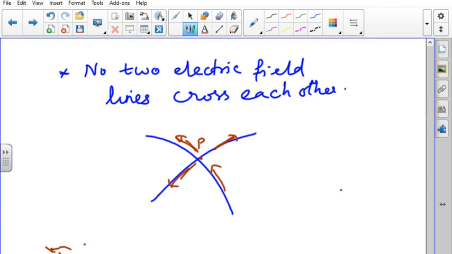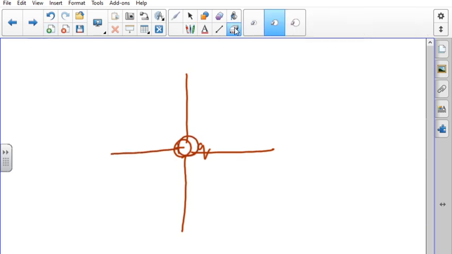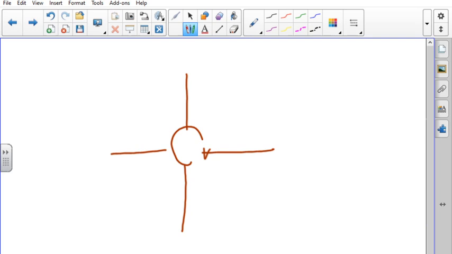Now let us move on to the next property. To make you understand, let me come from the example as usual. This is a positive charge. If it is a positive charge, how will you map the electric field lines? Radially outward.